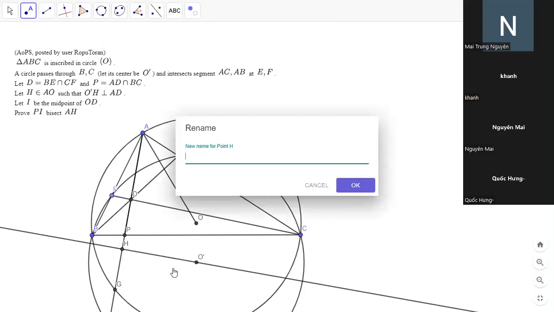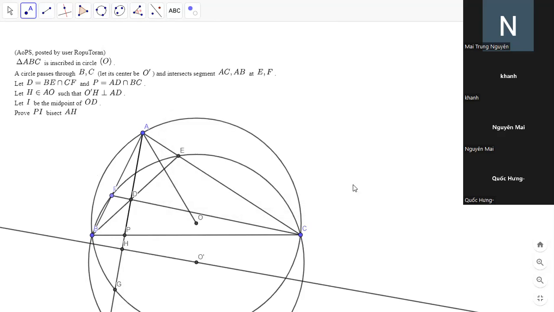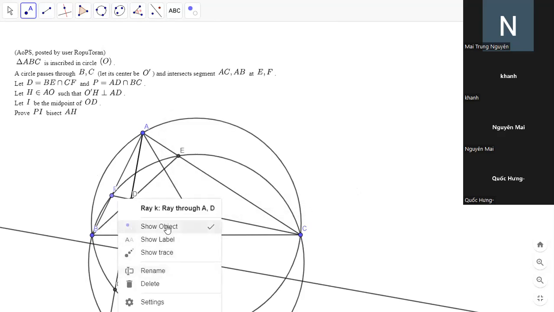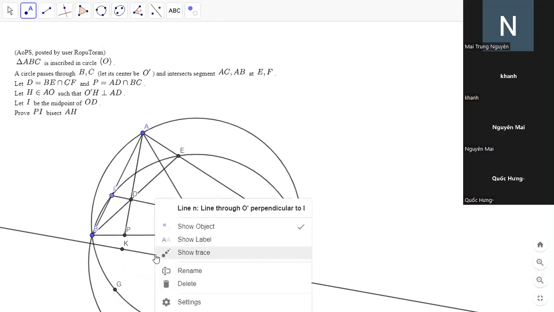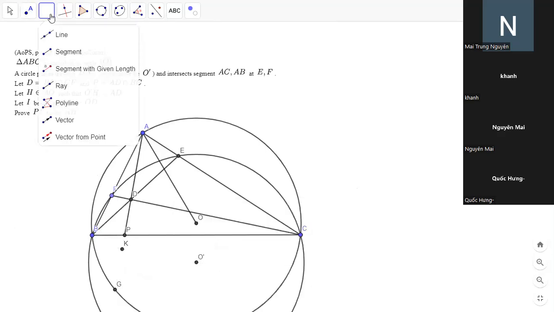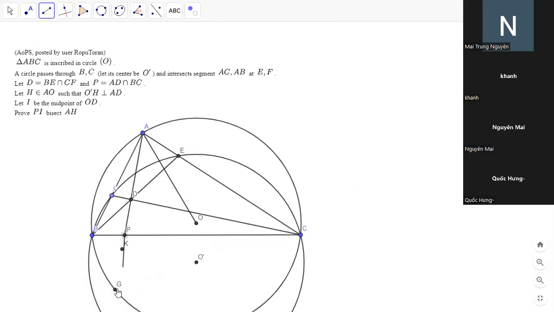Call it K. Okay, so O prime H is okay. So I want to see where these intersect, AO and OK.